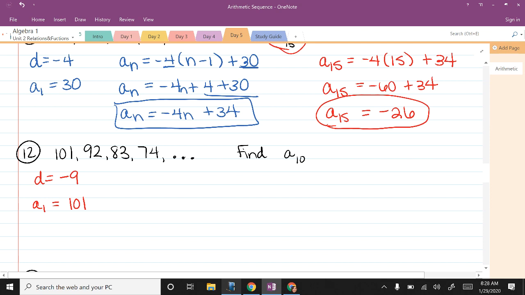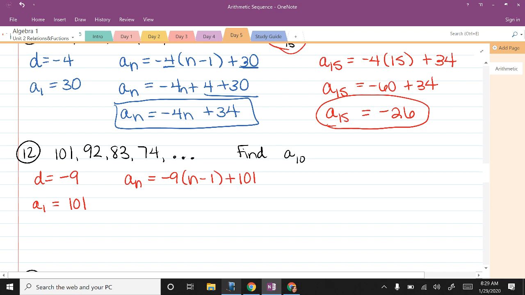So is everybody okay with those? All right, so now I'll plug in my D right here and my A1 right there, and simplify it in terms of n. So A sub n equals what's D? -9 times n minus 1 plus what's A1? 101.